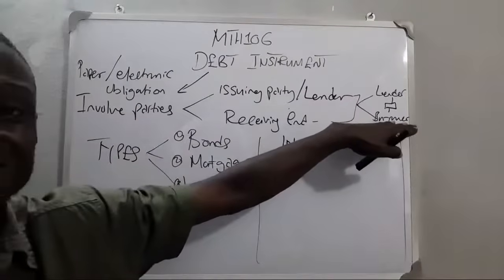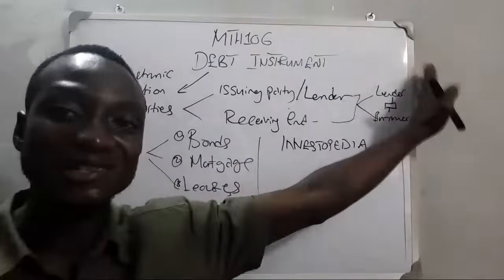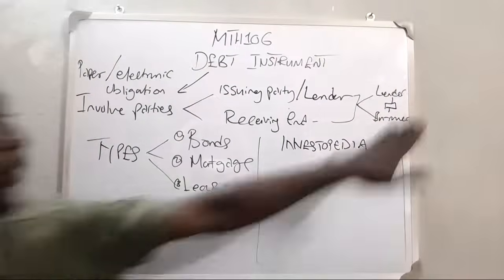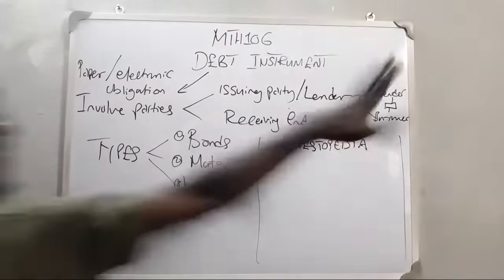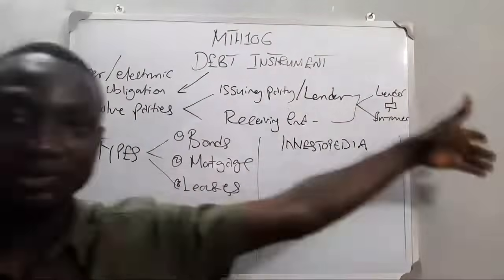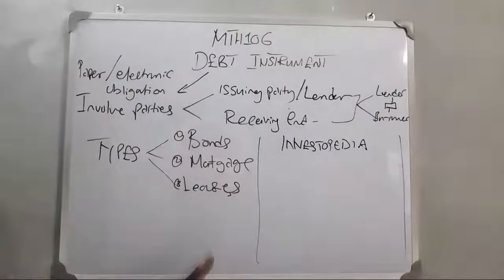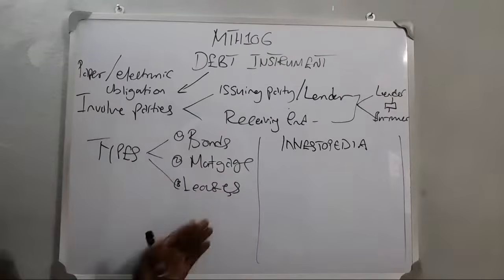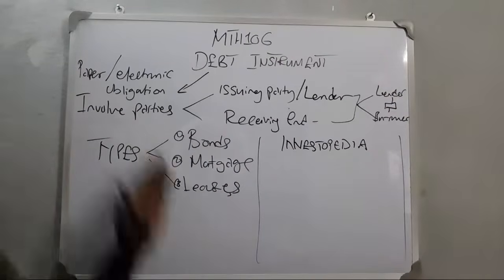The borrower is obligated to the lender. The proof of that obligation, the proof of that transaction, is where this debt instrument comes in. And we have various types of debt instruments: bonds, mortgages, and leases, just to mention a few.